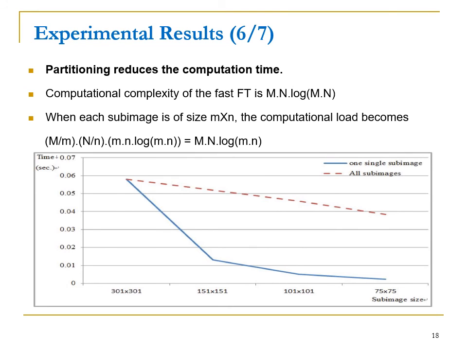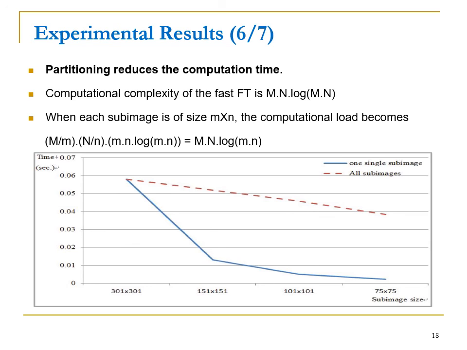Another advantage of partitioning the image is that it reduces the computation time. Normally the computational complexity of the fast Fourier transform is image size multiplied by log of image size, but when we have sub images each of size small m by small n, then the computational load is reduced to image size multiplied by log of sub image size.